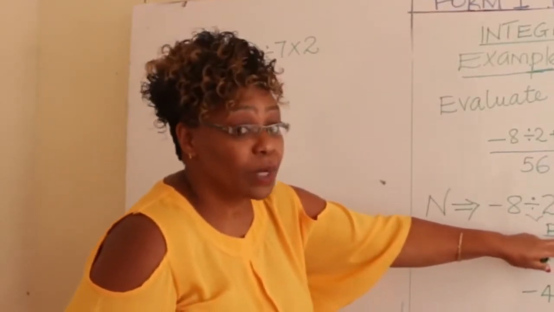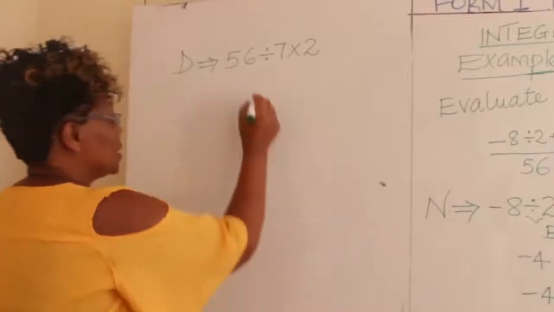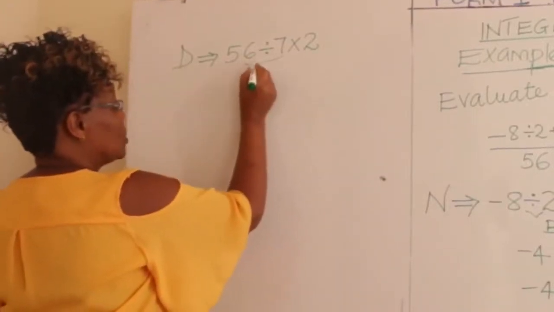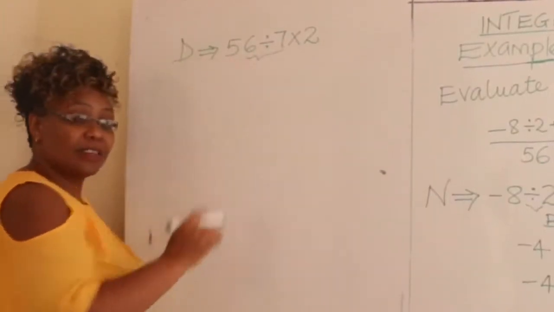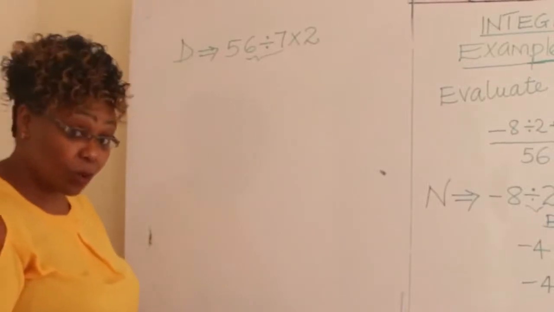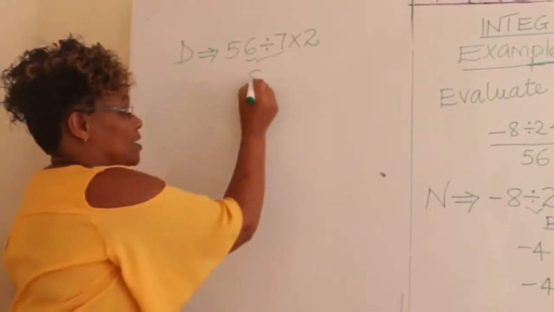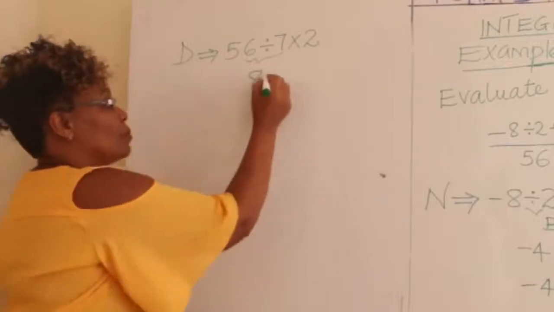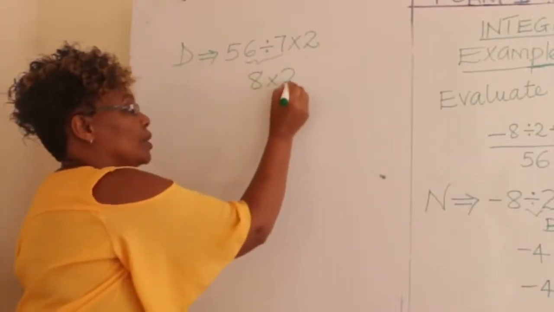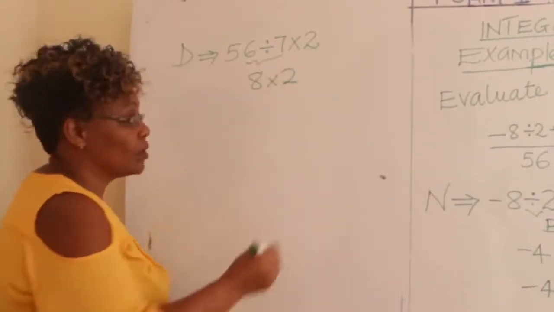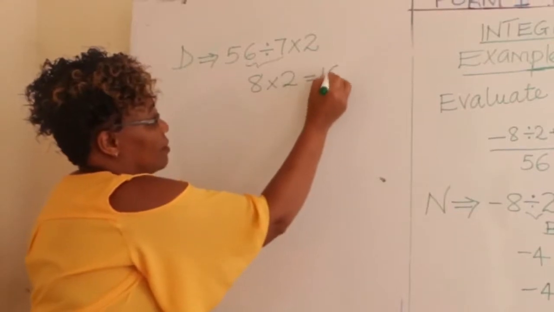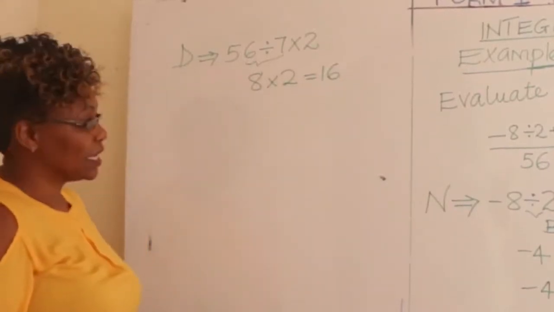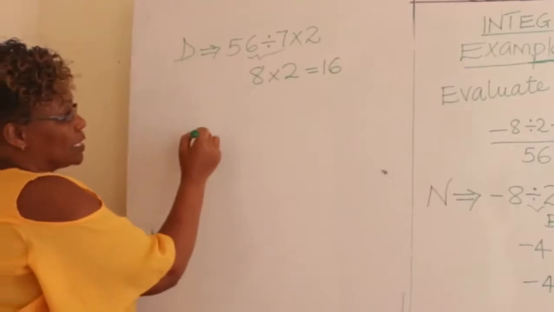So you start with division. 56 divided by 7 is what? It is 8. Then you multiply by 2. 8 times 2 gives you 16.